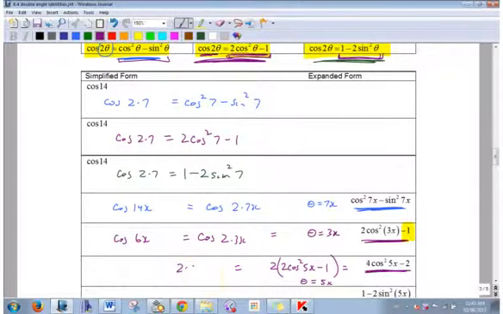So I got 2 cosine of 2 times theta. Okay, same, except just got a little 2 out front. And then I can collect those. 2 cosine of 10x.